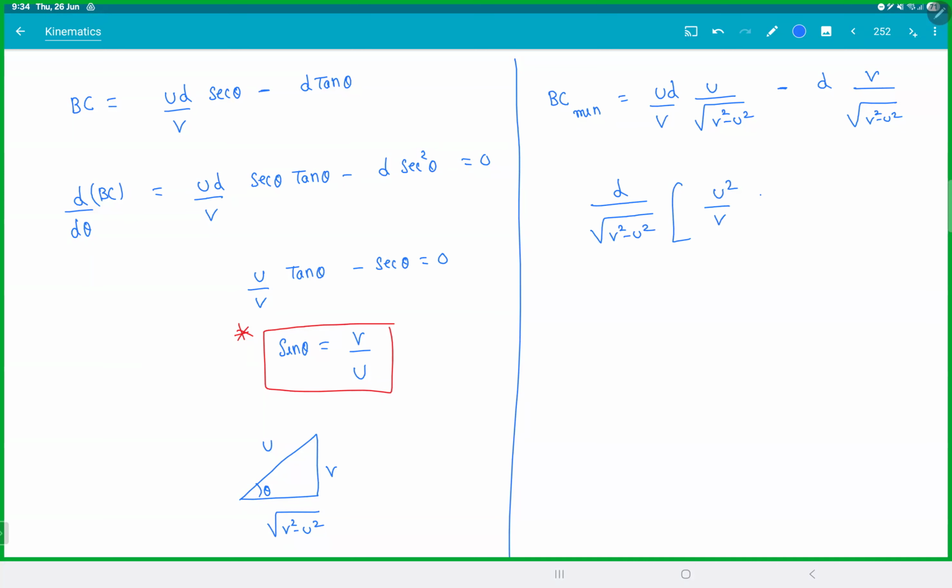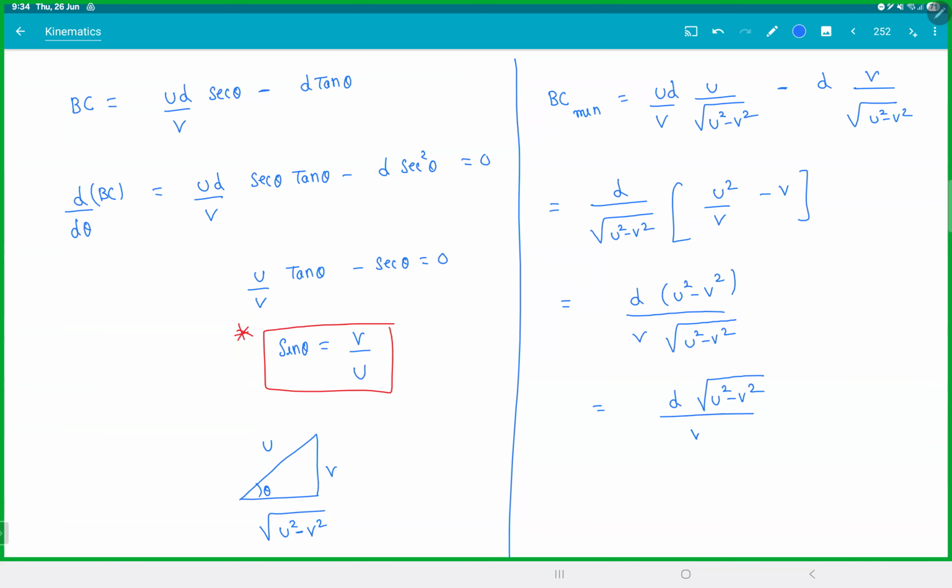This is U square by V minus V, and that will be U square minus V square. This will be D into U square minus V square by V into root over U square minus V square. D into root over U square minus V square by V. This is your minimum drift, everyone.